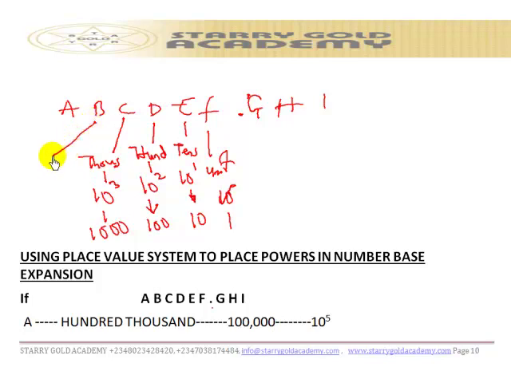B here is my tens of thousand, and that's 10 raised power 4. That's 10,000. A here is my 100,000.